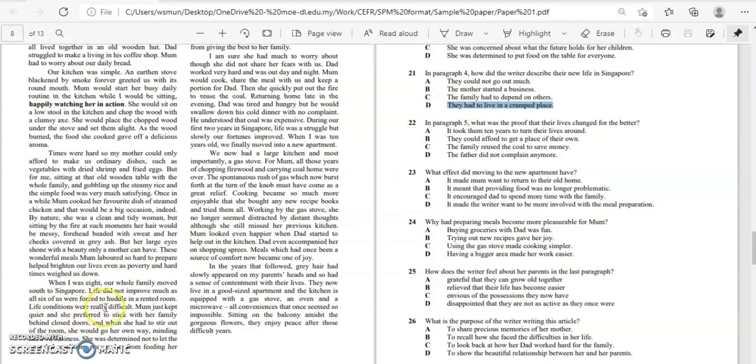Life conditions were really difficult. Mom just kept quiet and she preferred to stay with her family behind closed doors, and when she had to stir out of the room, she would go her own way, minding her own business. Here it mentions the word business, like the word business in option B. But this business in the passage, it says her mother minds her own business.